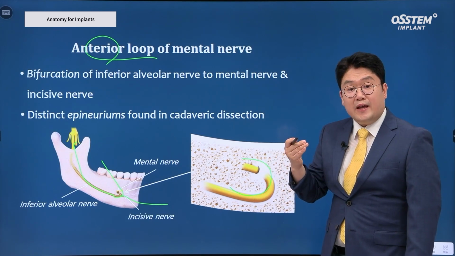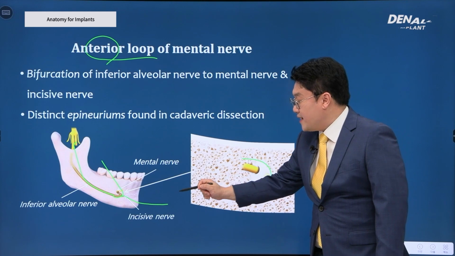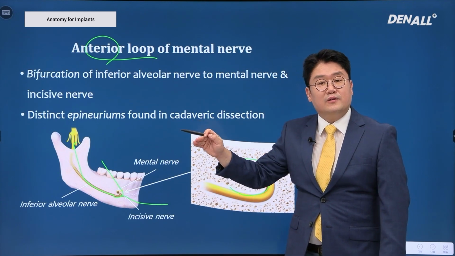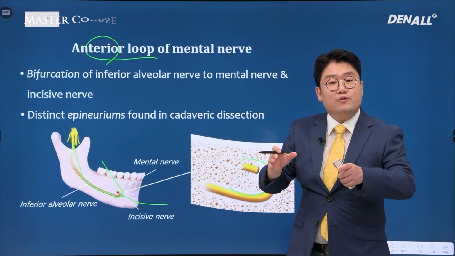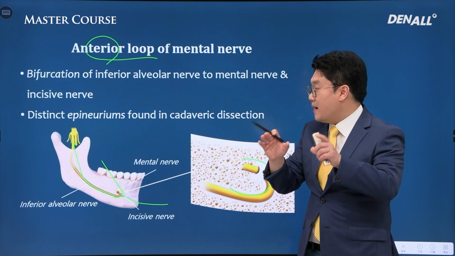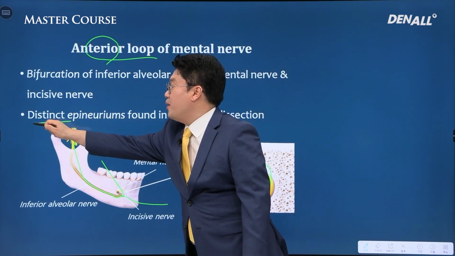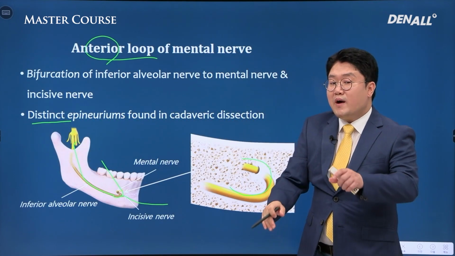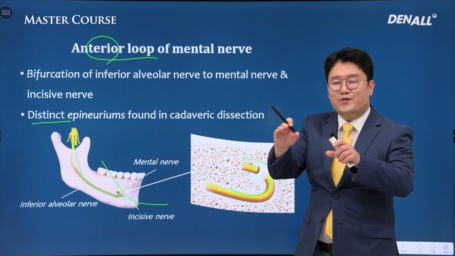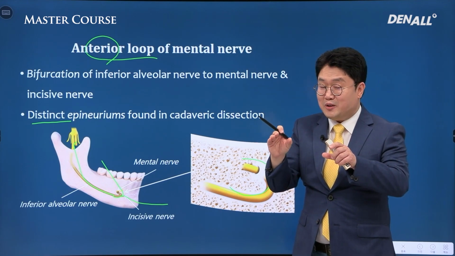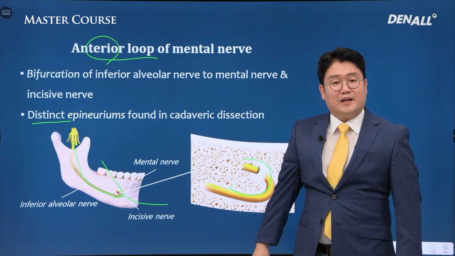If you do a dissection on a cadaver, there are distinct epineuriums found in the incisive nerve and mental nerve, so it's easier to define the length of the anterior loop.